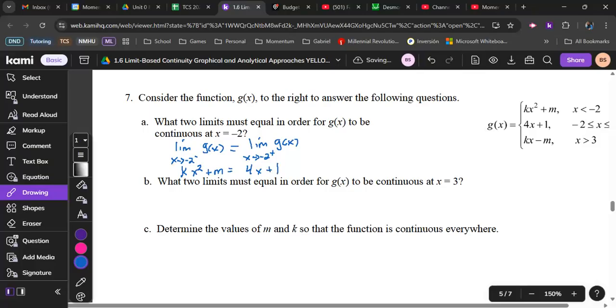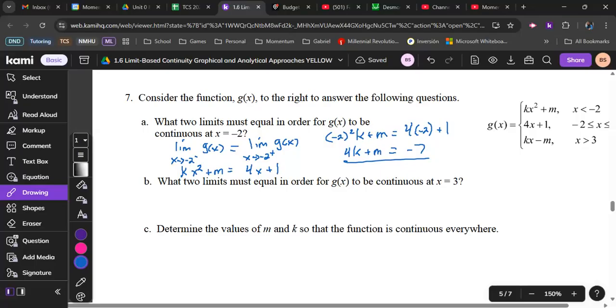Then I'm going to plug in x, so it's negative 2. So I'm going to get k times negative 2 squared plus m is equal to 4 times negative 2 plus 1. Over here, I get 4k plus m. Here, I get negative 8 plus 1, negative 7. So that's the first one.